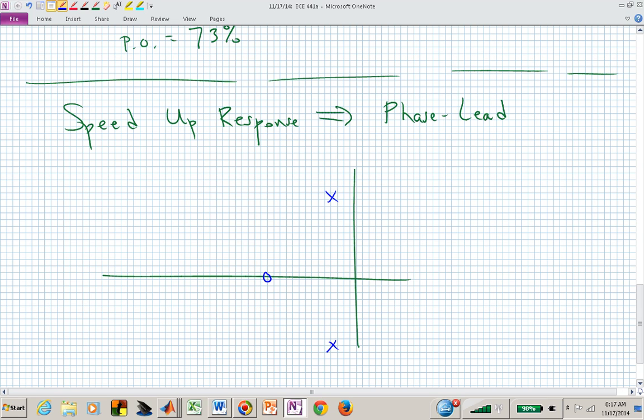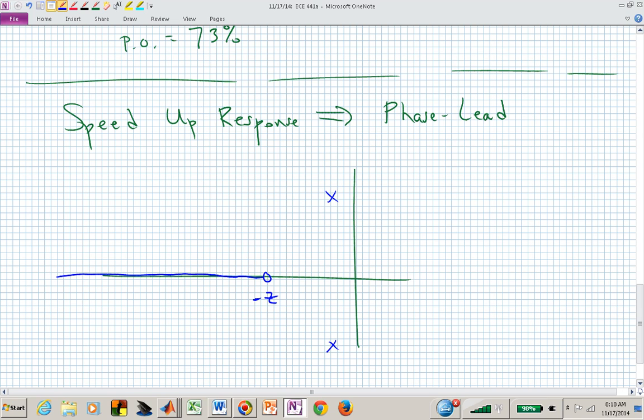Wherever I located that 0, let's say this is now at -z, that segment is going to belong to the root locus, because I have an odd number of poles and zeros to the right of any point to the left of -z.